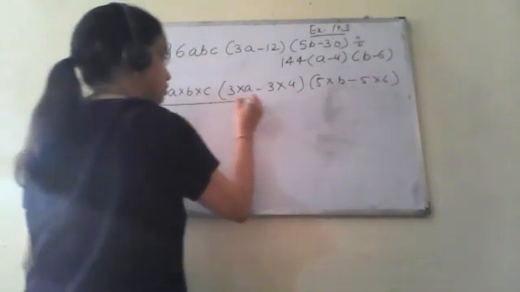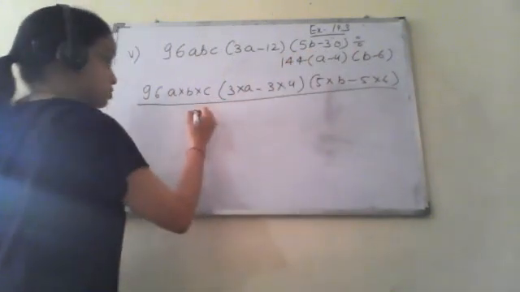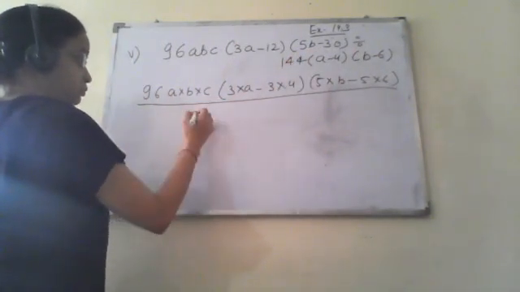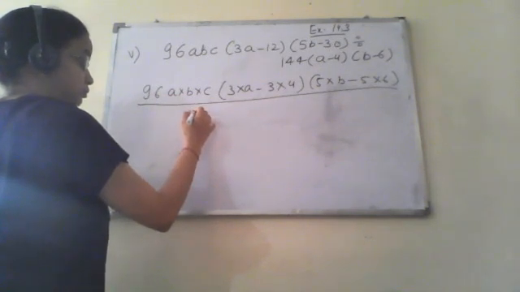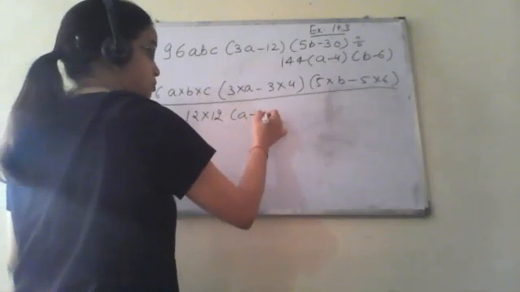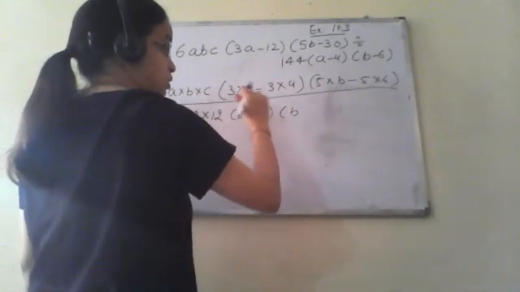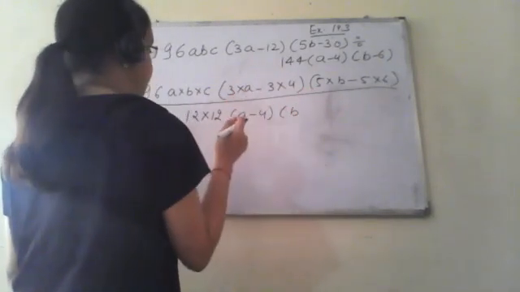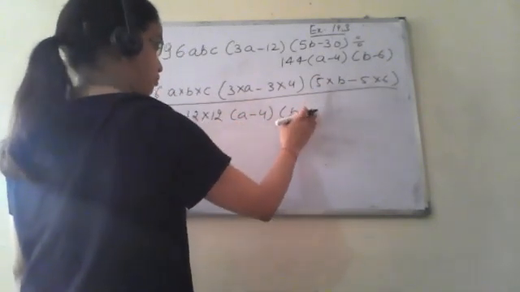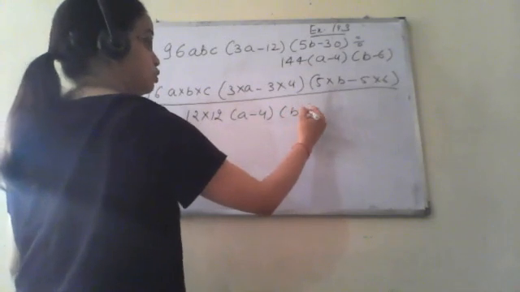Clear? This is 144, you can write 12 into 12. This is a minus 4 and this is b minus 6.